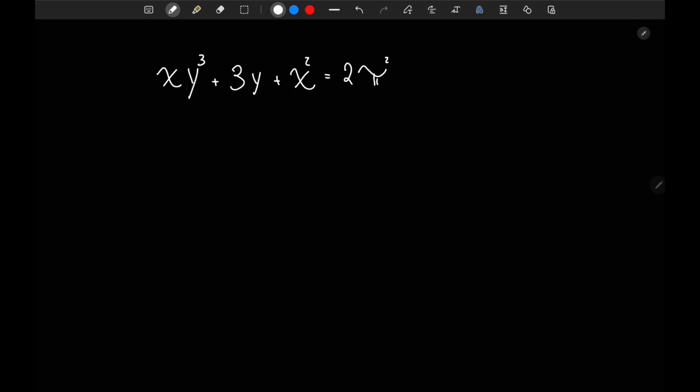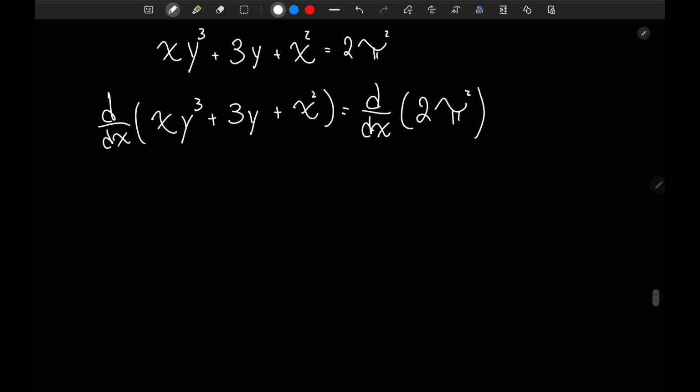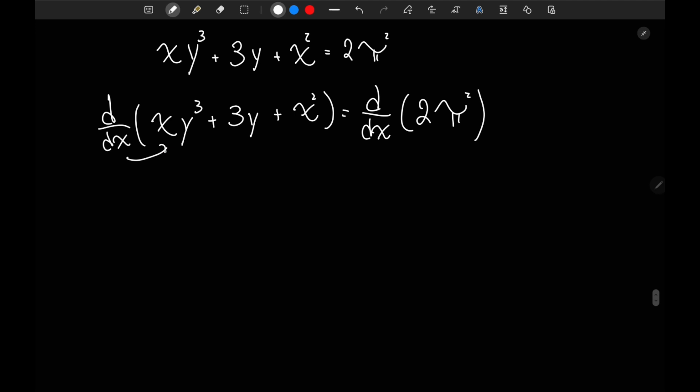So this is another example where we're going to be using the product rule. Let's start this out again by taking the derivative of each side with respect to x. And now we go through and evaluate these. So here is the product rule.